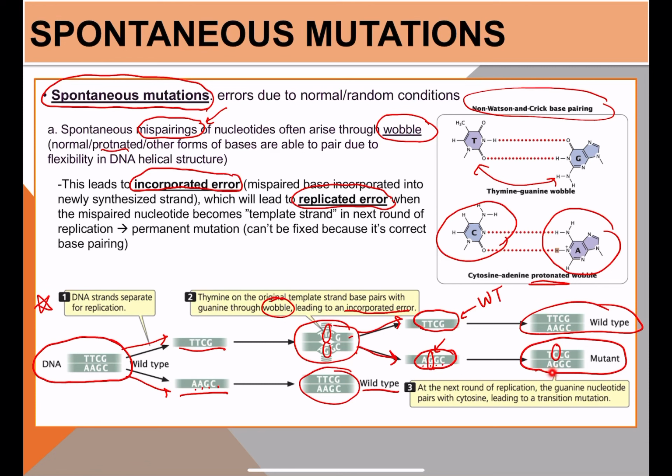Nothing is going to be done to fix it because it's a normal complementary pairing. It's just that your base sequence was wrong to begin with. So this is what we mean by a replicated error.